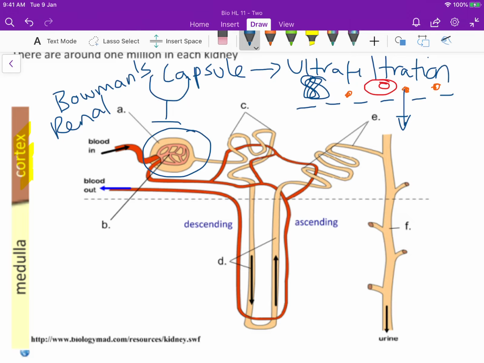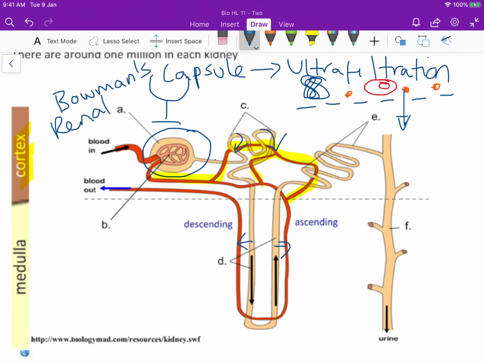And you can see that the blood takes a path. I'm just following the blood now. The blood goes round and gets close to the rest of the nephron, so that things can be absorbed from this tubule into the blood, from this tubule into the blood, or that tubule into the blood.